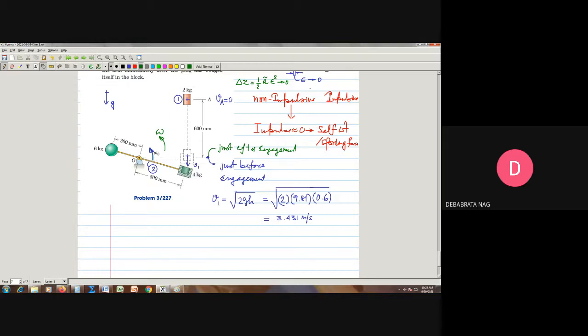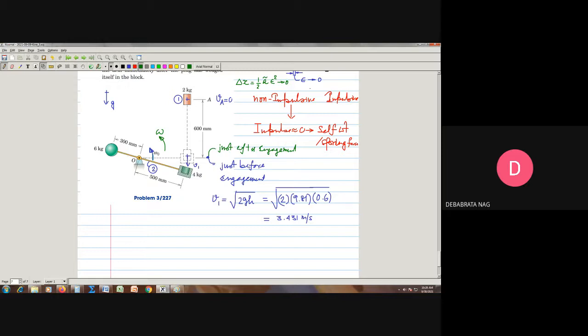This is an impulsive force, and when we take into account impulsive forces, we can ignore the presence of the non-impulsive forces. The non-impulsive forces obviously are the self weights of the system.